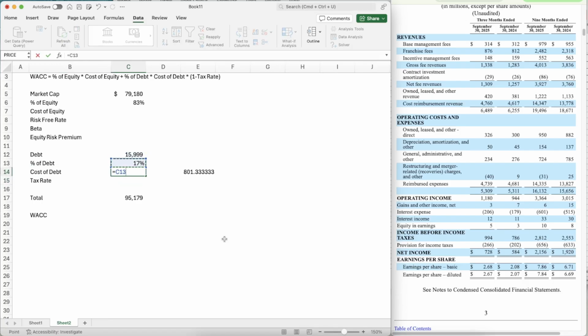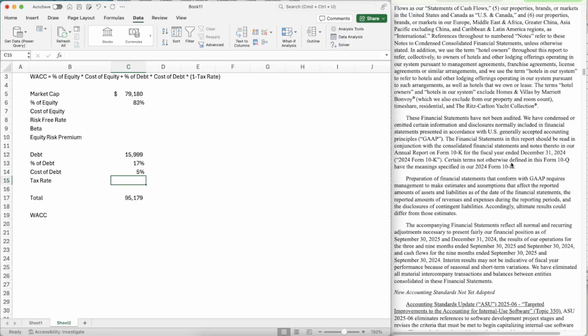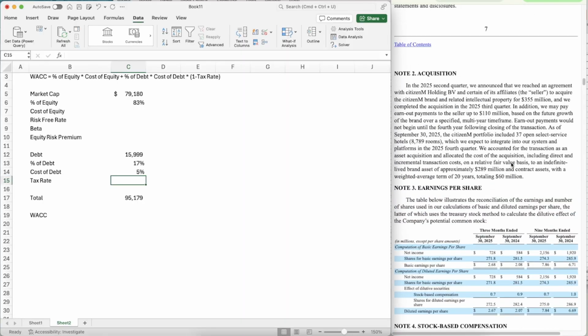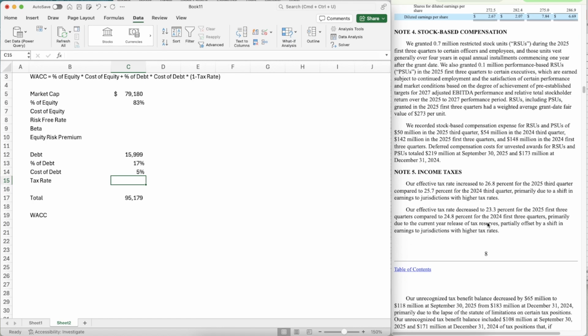So we would then just go 801.3333 divided by that. It's about 5% interest rate. Their tax rate is income taxes. So 23.3%.